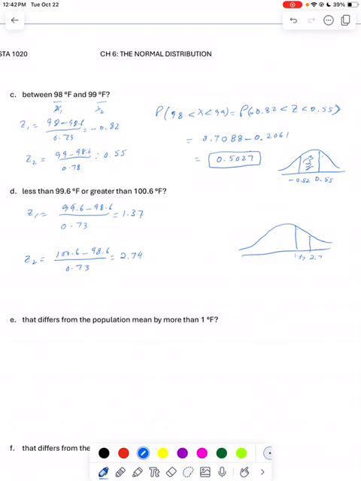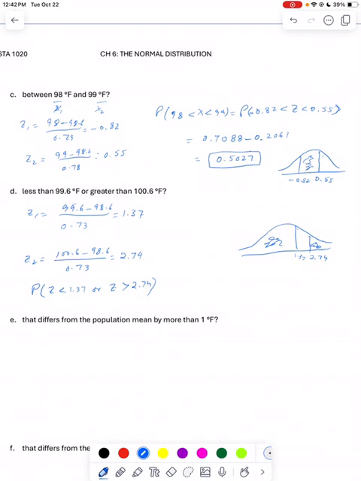So now we are looking at this and this. We have to take out the inner one. So this is the probability that z is less than 1.37 union z is greater than 2.74.